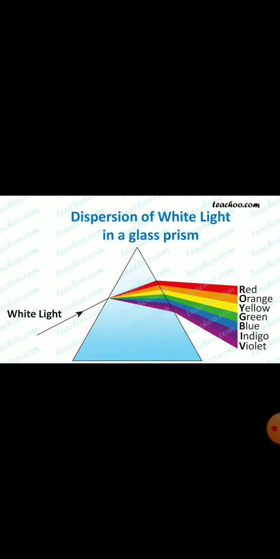And that is why all the colors emerge in different paths. Now we have learned what the angle of emergence is in refraction by a prism, right? So all colors will emerge differently, and that is why they become distinct, which we can see. It is the band of distinct colors that we see in a spectrum.